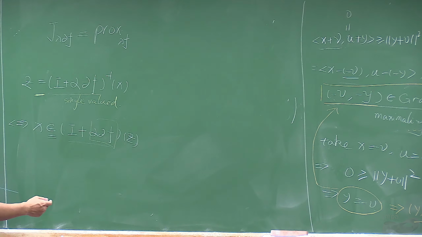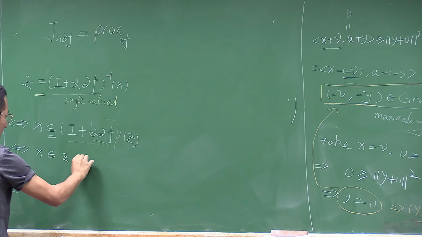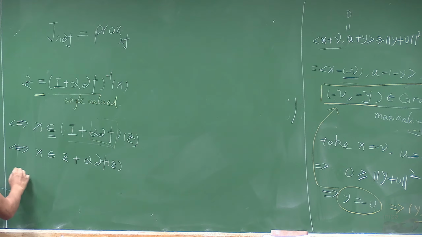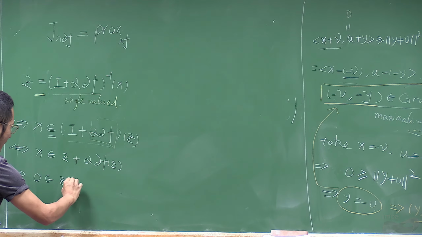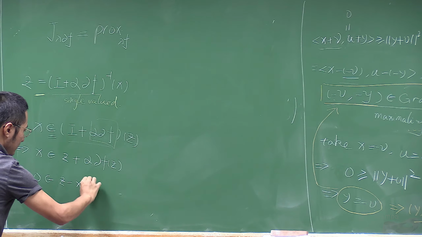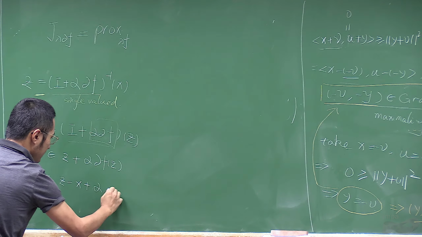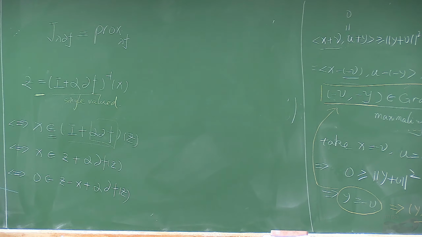This is equivalent to saying x belongs to z plus alpha times the subgradient of f at z. So it is equivalent to 0 belongs to z minus x plus alpha times the subgradient of f at z. We use the subgradient identity here.